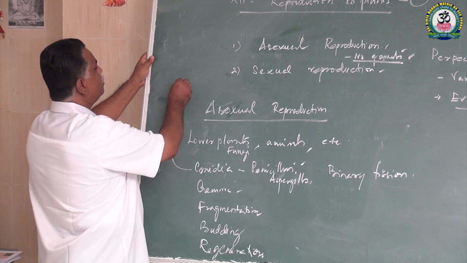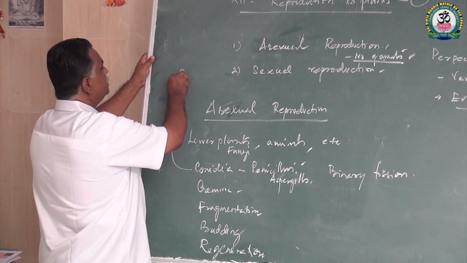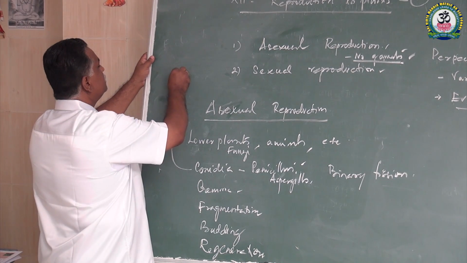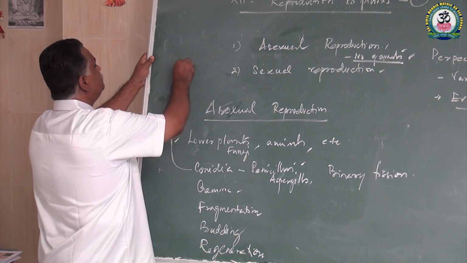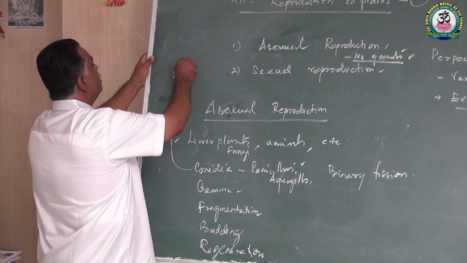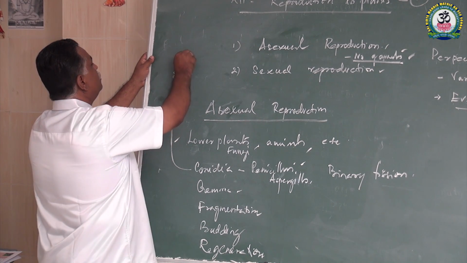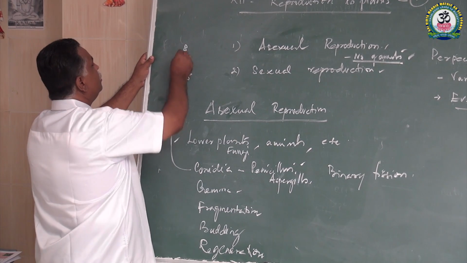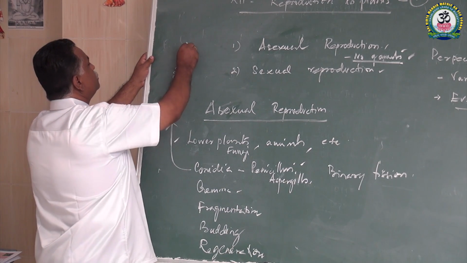These are asexual spores. For example, we are drawing the Aspergillus, the structure of conidia. These are sterile hyphae upon which conidia are produced in all directions. Conidia spores. These are the spores, conidia.